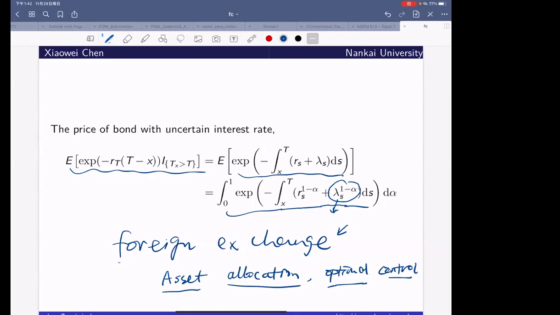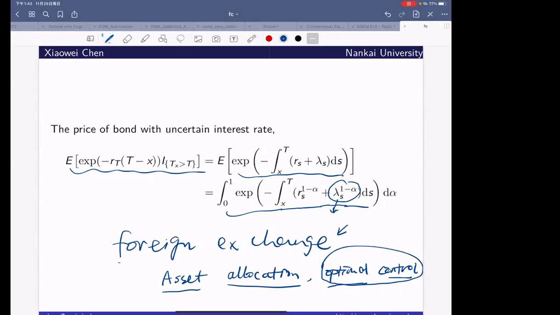For the asset allocation problem, we describe the asset price using an uncertain differential equation, and use optimal control theory to find the optimal solution and optimal portfolio. That is all the parts of this uncertain financial engineering theory.